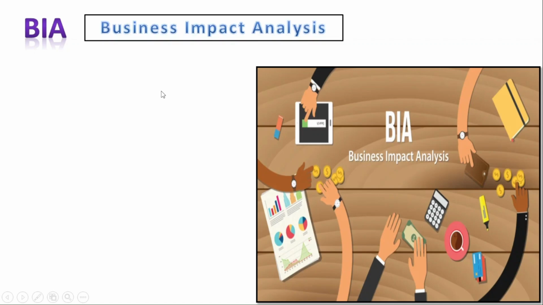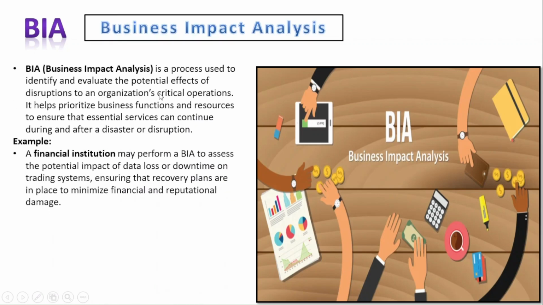BIA, that is Business Impact Analysis. So BIA, Business Impact Analysis, is a process used to identify and evaluate the potential effects of disruption to an organization's critical operations. It helps prioritize business functions and resources to ensure that essential services can continue during and after a disaster or disruption.